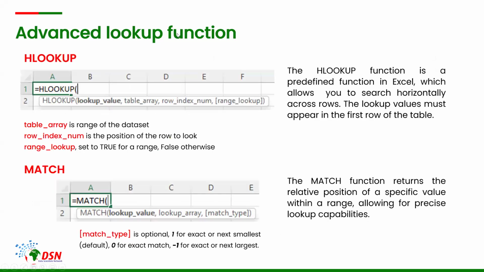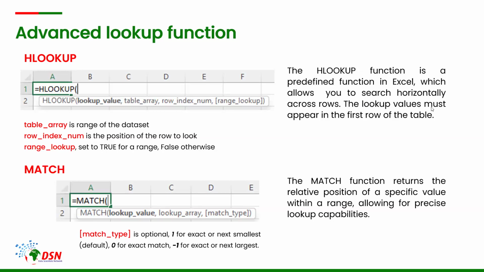So HLOOKUP. HLOOKUP does what VLOOKUP does, but it does it in a horizontal way. The HLOOKUP function is a predefined function in Excel, which allows us to search horizontally across the row.